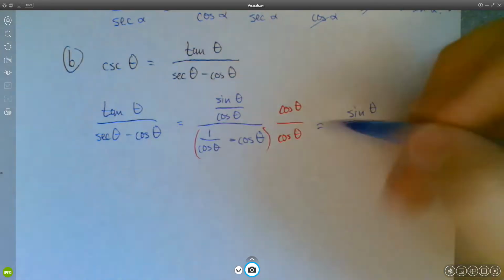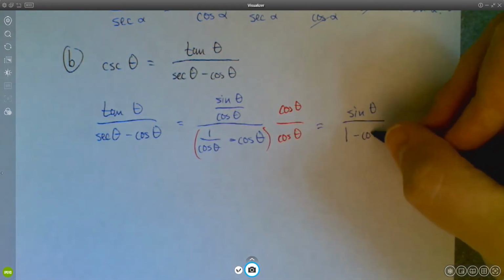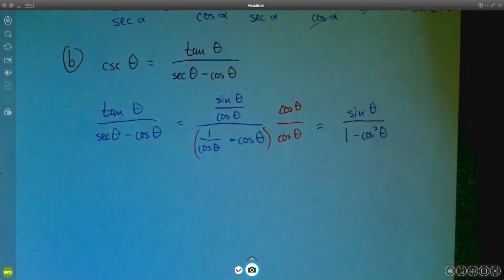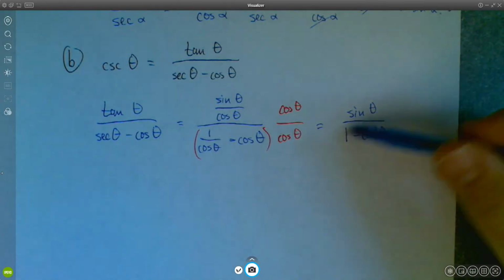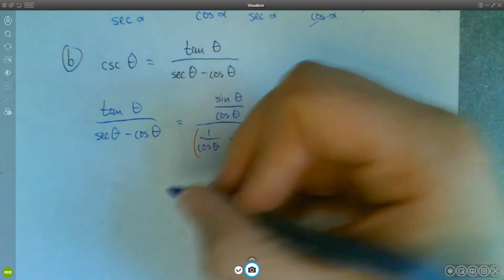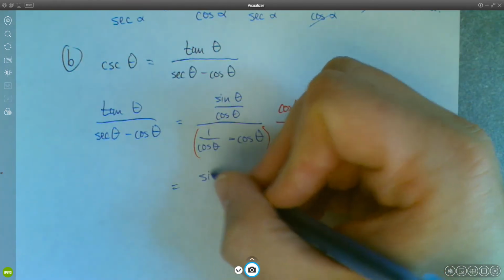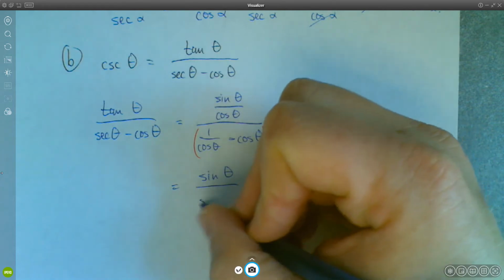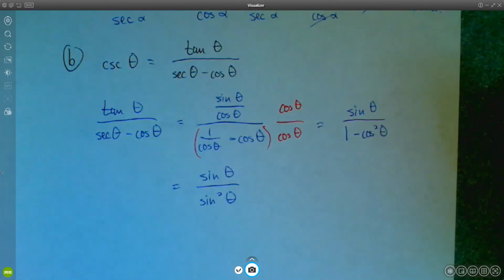In the denominator we'll have a 1 minus cosine squared theta. There it is, right? So remember, 1 minus cosine squared, this is the Pythagorean identity. Sine squared plus cosine squared is 1, and so therefore 1 minus cosine squared is sine squared. So this is going to be sine theta over sine squared theta.